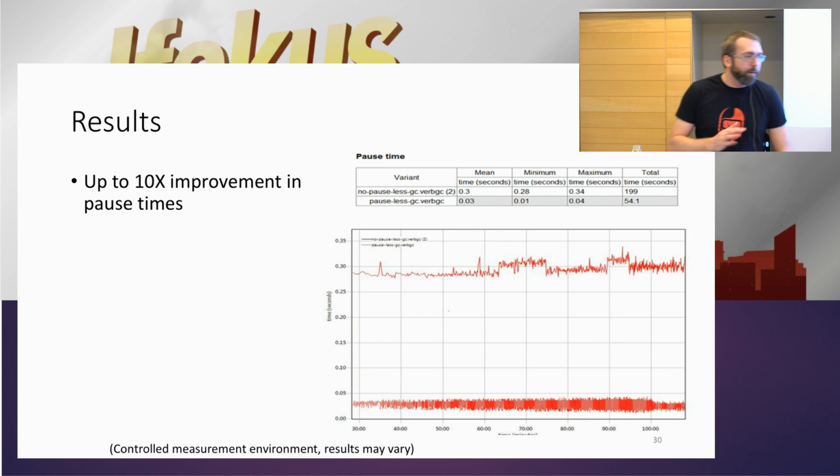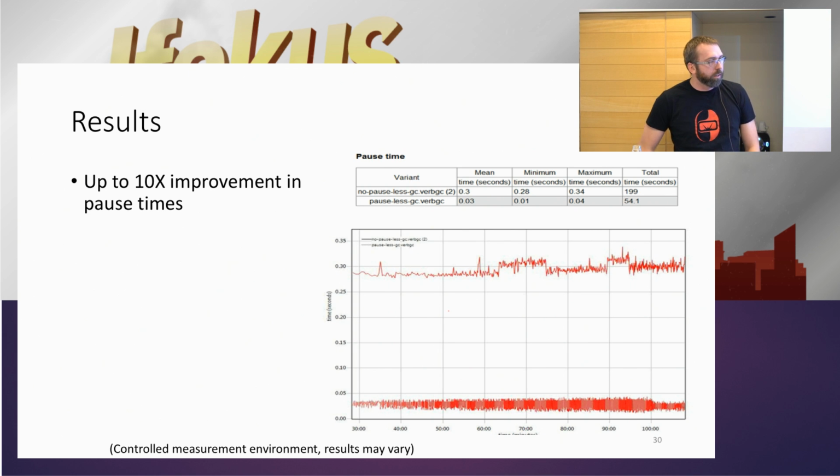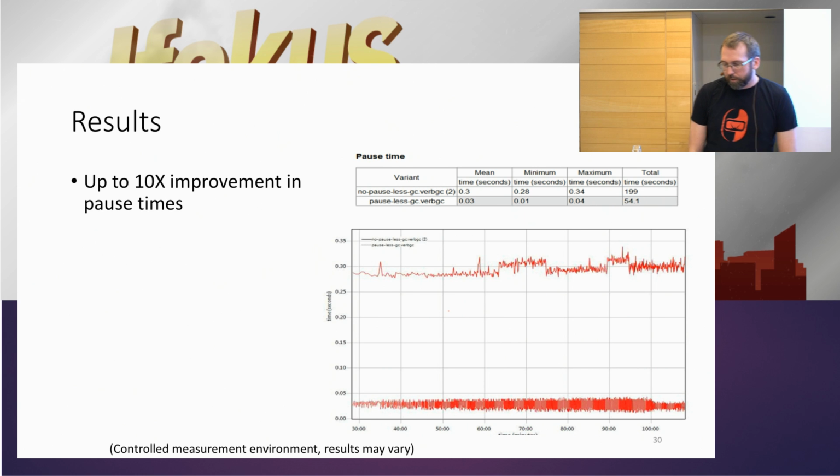So most of the time you're seeing about a 10x pause time improvement on this workload. When you get into really big GCs, since this isn't dependent on heap size but more on the root set, the pause times tend to stay down no matter how big they were in the other collections.